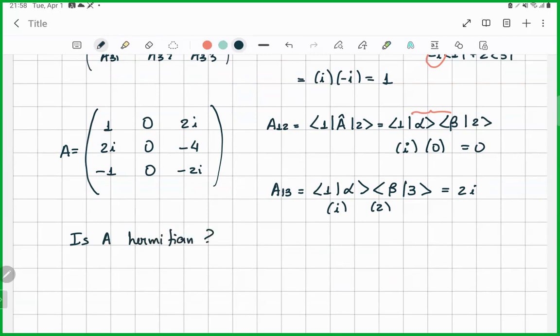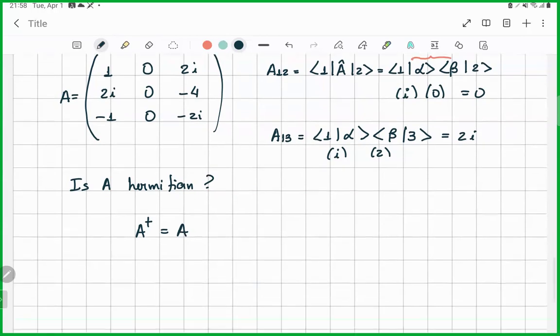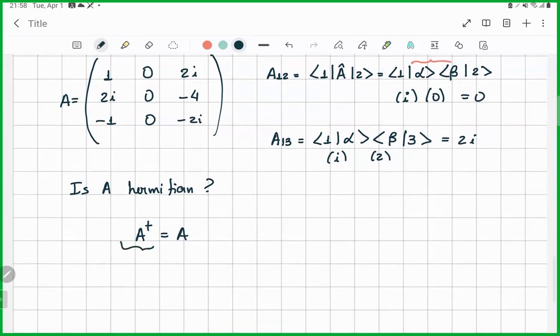A Hermitian matrix is a matrix so that the dagger is equal to itself. What is this dagger? This operation, when we are dealing with matrices, means you have to transpose the matrix. Okay, so you pick your matrix A, you transpose this matrix, and then you look for its conjugate. If this is equal to the original matrix, then it is Hermitian.